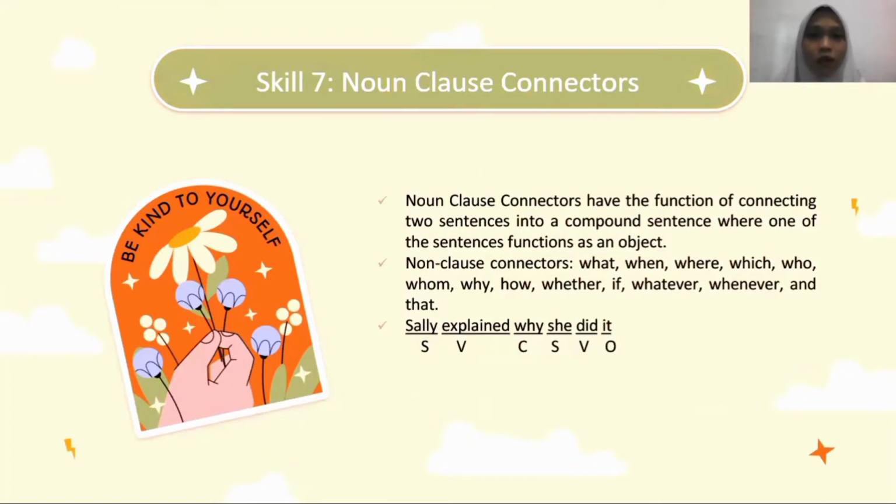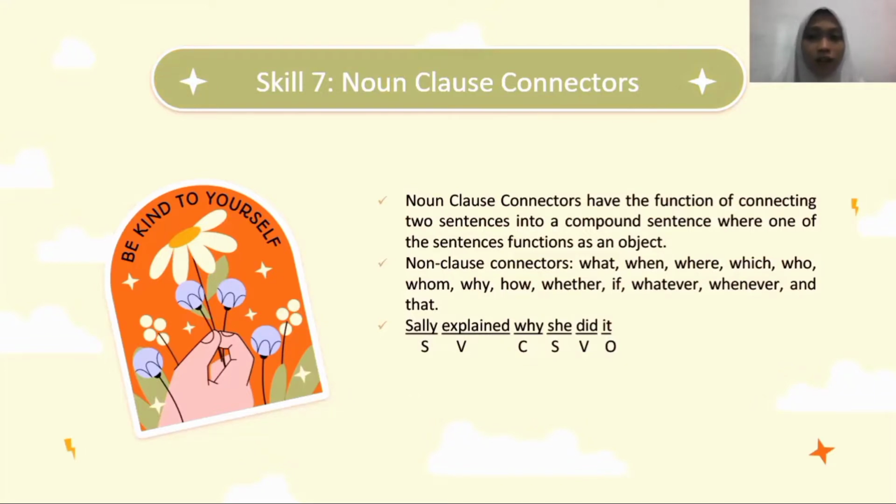Skill 7, noun clause connectors. In skill 7, we discuss noun clause connectors. A noun clause is a form of a clause that functions like a noun, which means it can occupy a subject or object and a verb or object and preposition.